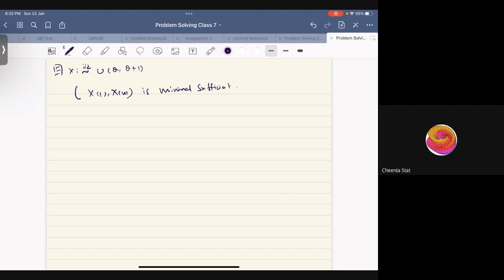Okay. Uniform theta, theta plus one, theta two. No, that doesn't have a UMVUE, because with theta one, theta two you get X order one and X order n. How can you achieve a UMVUE? So any distribution that has a two-parameter sufficient statistic doesn't have a UMVUE.